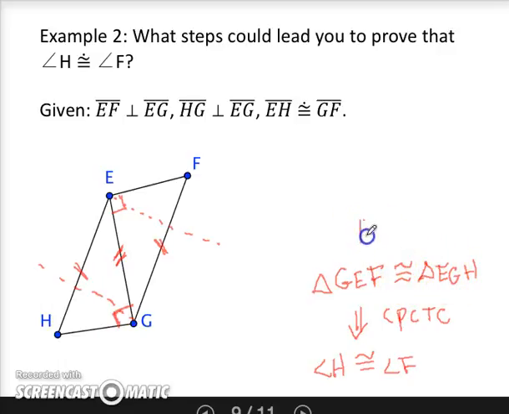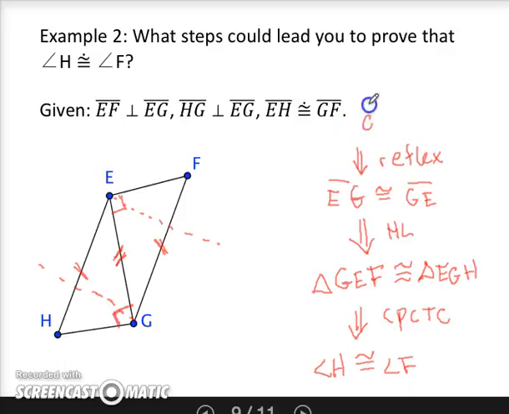So what did I use to get to that step? I used the HL congruency theorem. And how did I find the HL theorem? Well, I had some givens. I also had that EG is congruent to itself, GE, by the reflexive property.